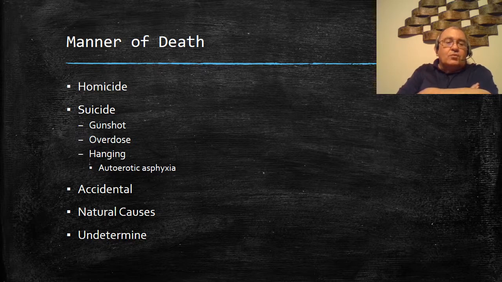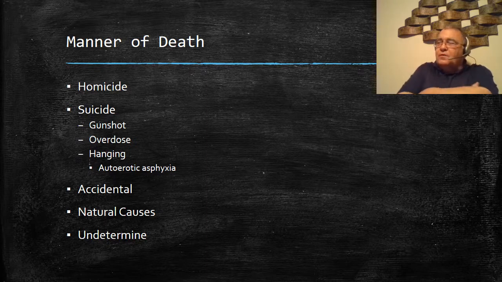One of the issues with hanging suicides is there's always a possibility it could be an autoerotic asphyxia, and it takes further investigation of the circumstances because the crime scene may have been cleaned up prior to the police being called. Accidental deaths are a result of an accident, a traffic accident, an industrial accident. Natural causes.